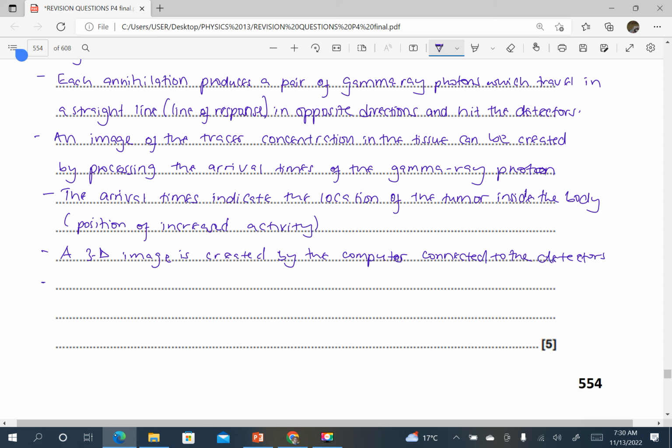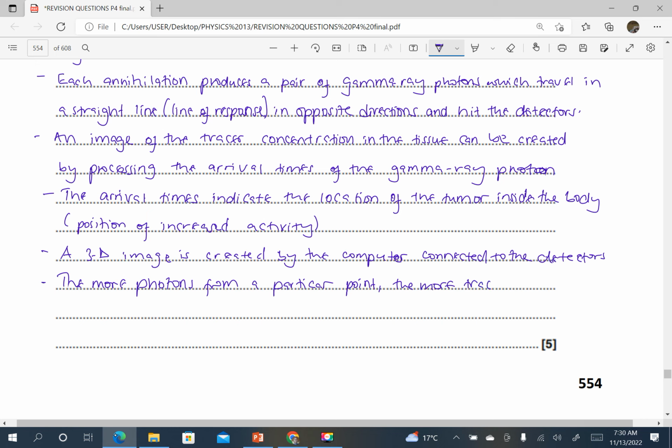And remember also that the more photons from a particular point, the more tracer that is present. In other words, the concentration of the tracer at that point is high.